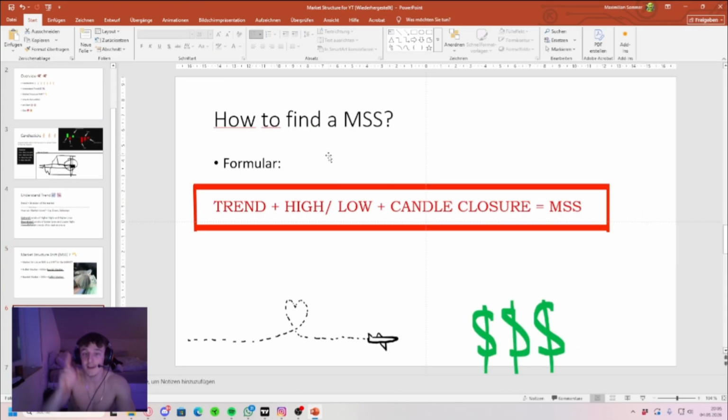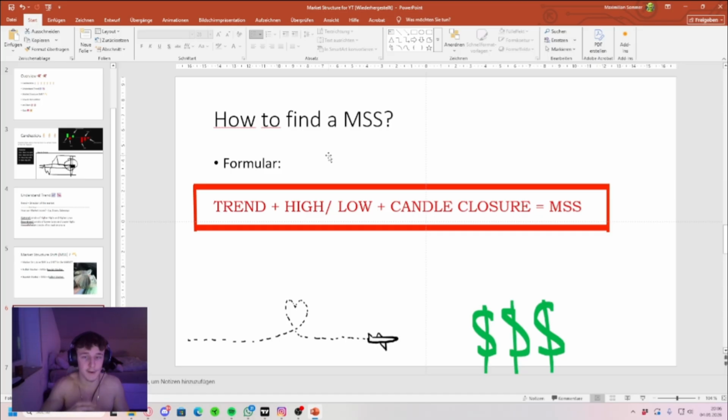So how do you find a market structure shift? First, identify the trend, as we said. Second step, identify the most recent high and low, whatever your trend might be. In a bullish trend, you have to look at the most recent low. In a bearish trend, you have to look at the most recent high.